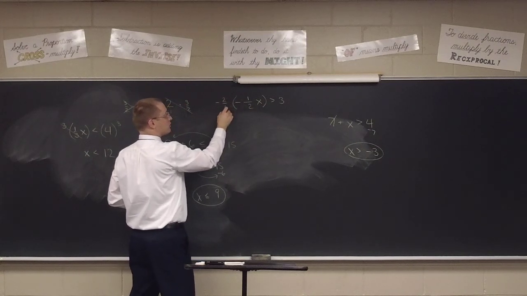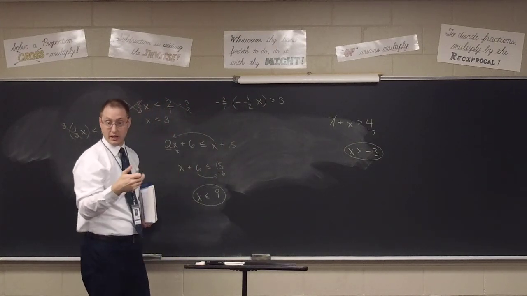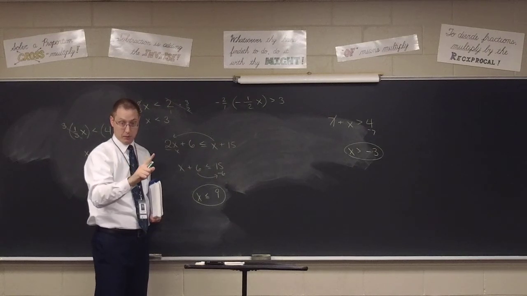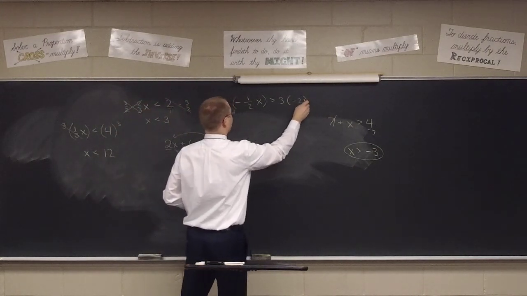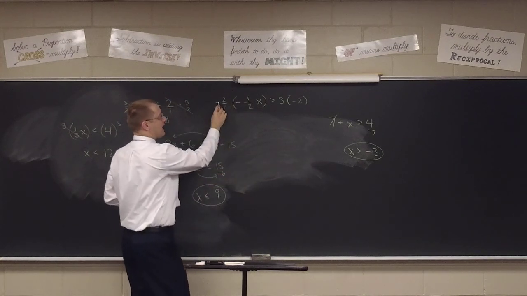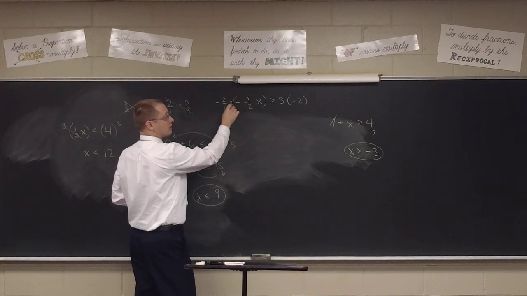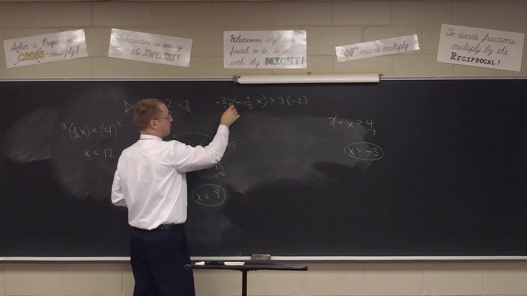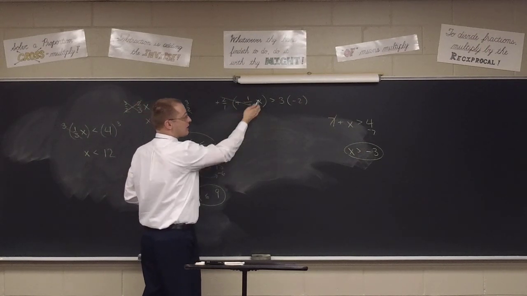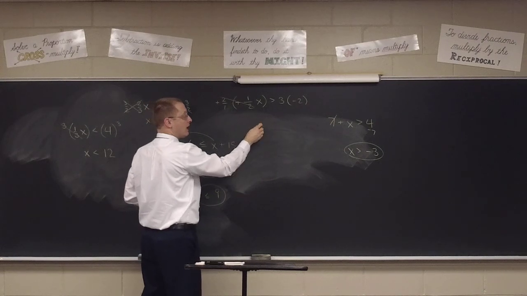Negative 2 over 1 is the reciprocal of negative 1 over 2, right? Not a negative reciprocal, just a reciprocal. So if I multiply both sides by that negative 2, here, negative times negative, class, cancel to give me the positive, and of course the 2's cancel. You could argue the 1's cancel, though who cares? And I'm just left with x.